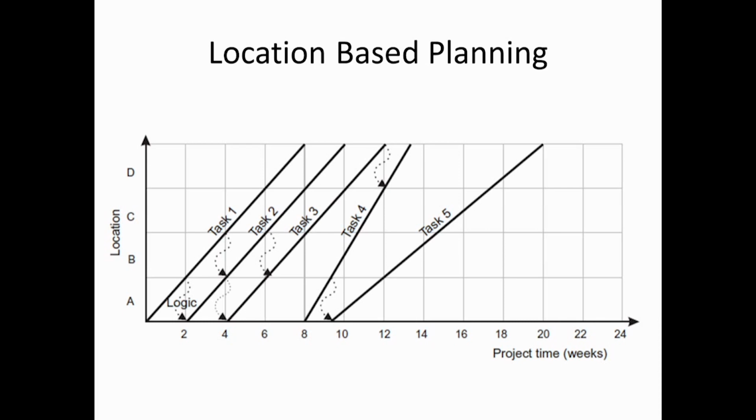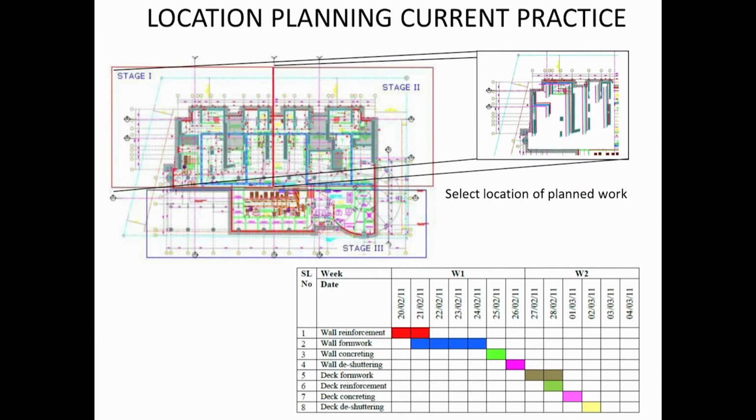Without tools like this, this is what our site planners or engineers do today: they take a plan and, for week 1, week 2, a particular day, they mark which location what will happen. For example, wall reinforcement will happen on these 2 days, and they mark where the wall reinforcement is going to go, or wall formwork on all of these days, and they mark where that is going to go.